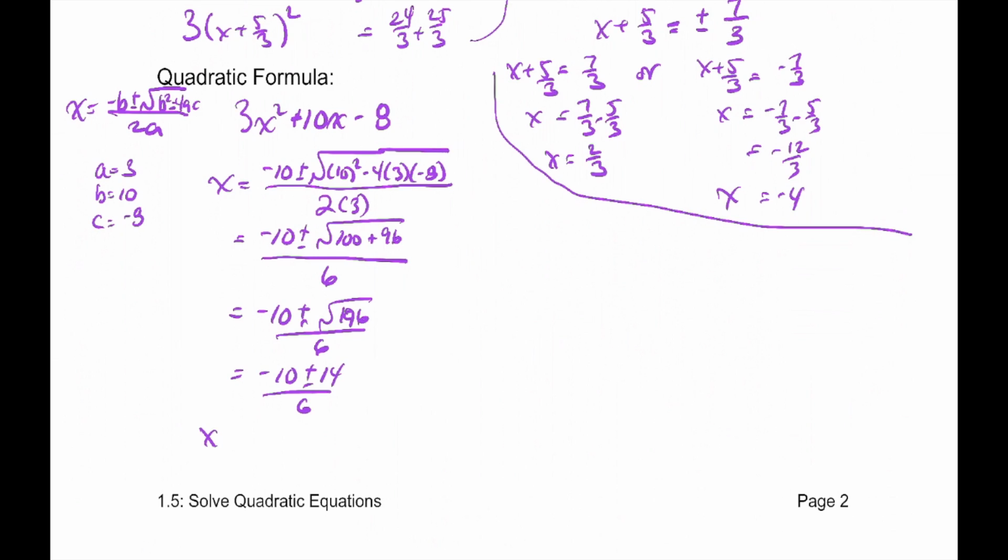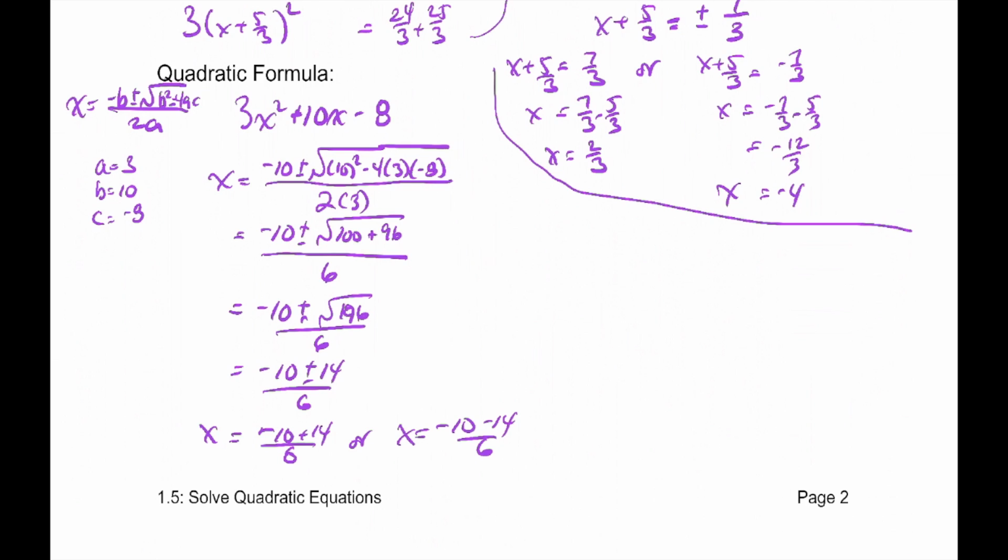So x is equal to minus 10 plus 14 over 6, or minus 10 minus 14 over 6. So I've already worked on each of these. This is going to be minus 10 plus 14 is 4 over 6, which is 2/3.